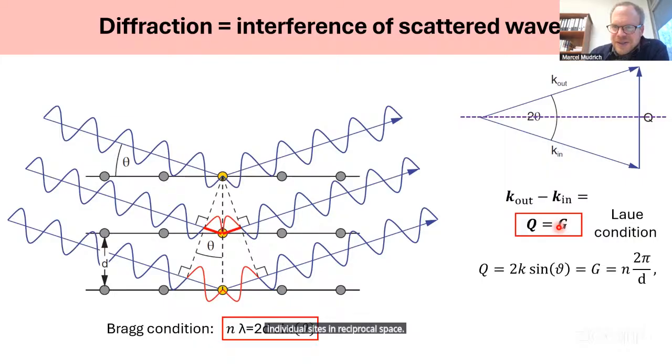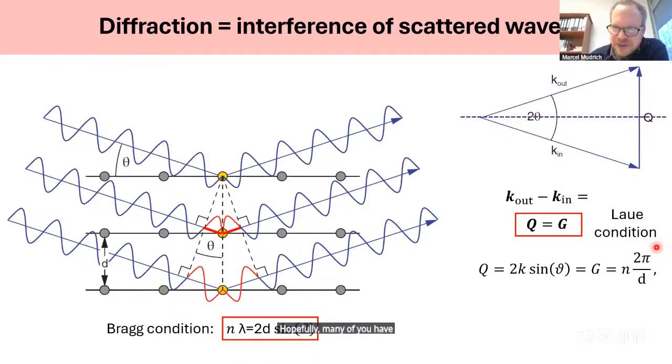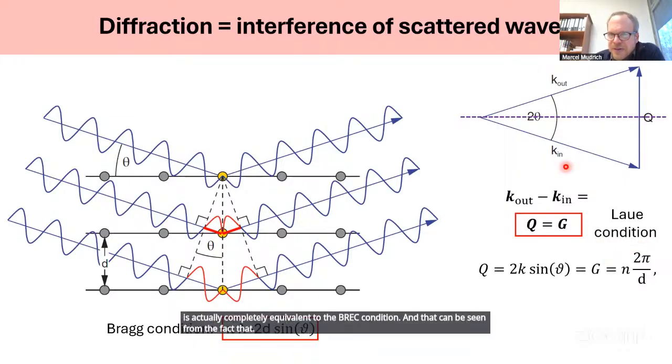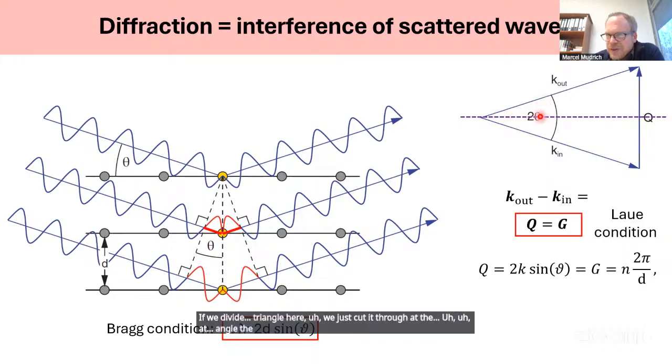And just here I wanted to show that this Laue condition, which hopefully many of you have heard about in solid state physics, is actually completely equivalent to the Bragg condition. And that can be seen from the fact that if we divide this triangle here, we just cut it through at angle theta. Like the 2 theta is cut into theta and theta.